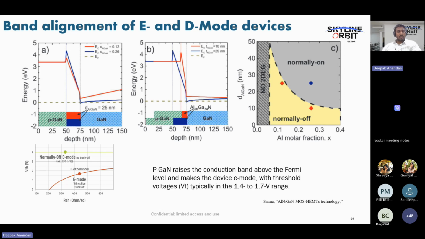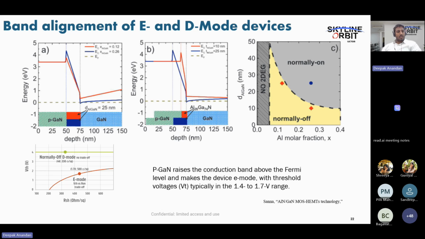It means that whenever you have a lightly doped aluminum mole fraction in combination with P GaN, it lifts the conduction band away from the Fermi level so that there is no 2DEG formation. And the problem here is you cannot compromise more on the sheet resistance. You can see that if you choose 1.7 as a threshold voltage, your sheet resistance keeps increasing because the 2DEG sheet carrier density keeps decreasing when you start decreasing the thickness as well as the aluminum composition.